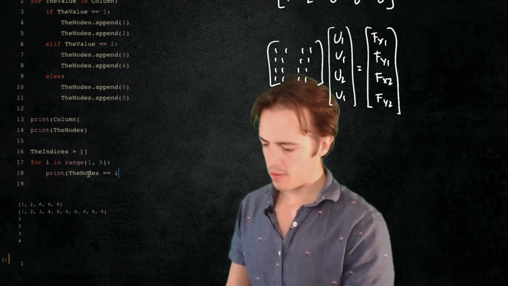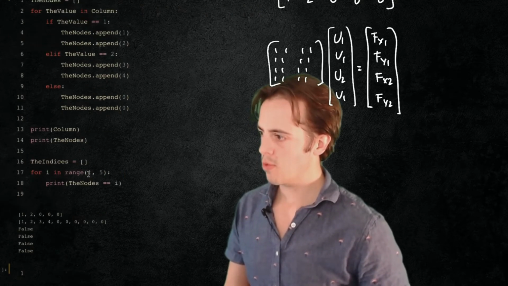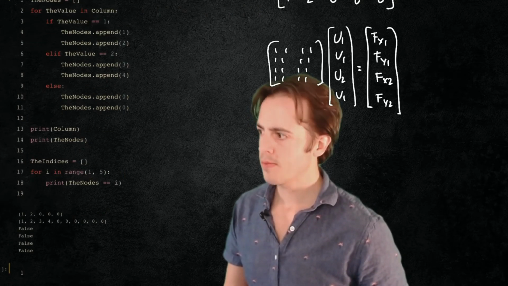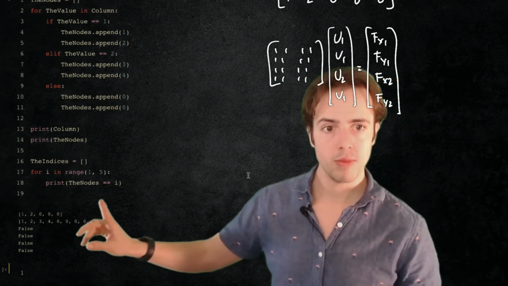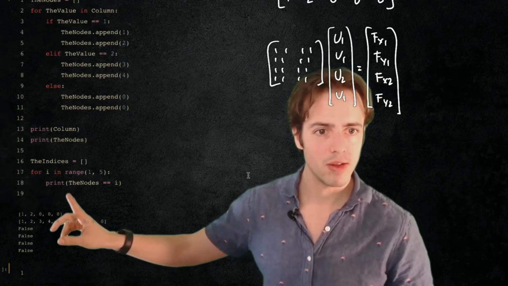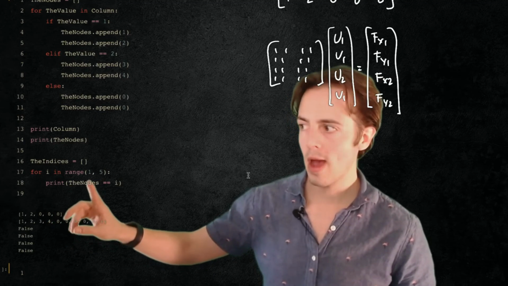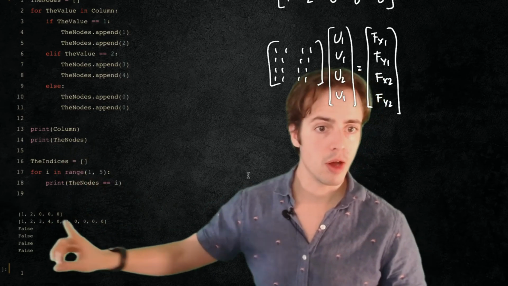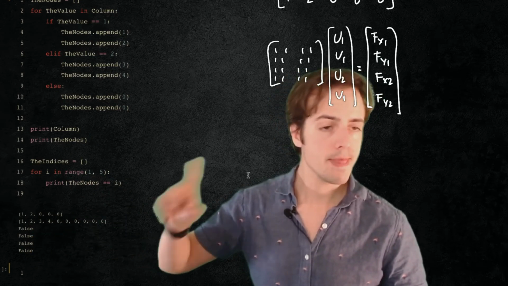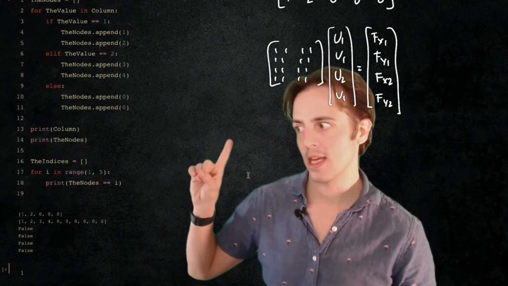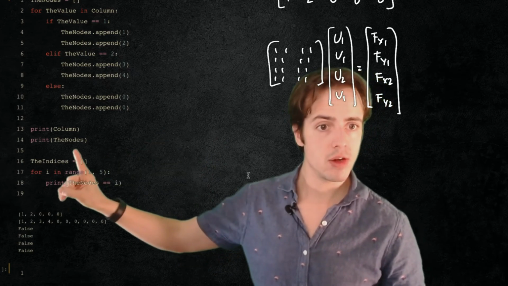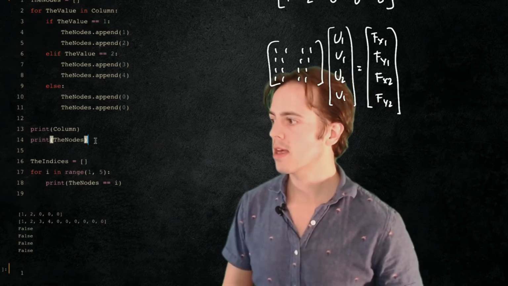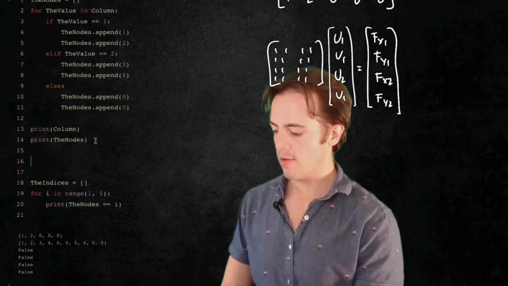If I now want to print a Boolean of where the nodes is equal to that, it doesn't help me, because at the moment this is a list. What I'm trying to do is work out where in this thing I've made, called the nodes, it's equal to i. I can't do that on a list, so I need the nodes to be a NumPy array.